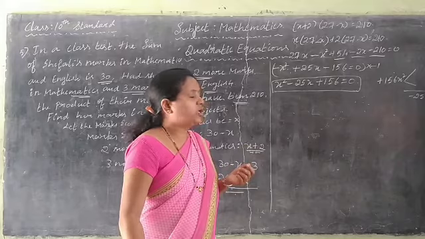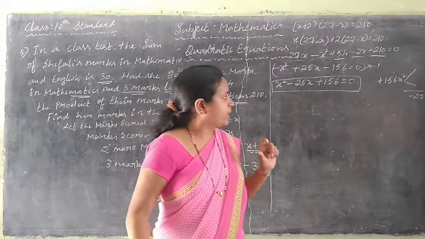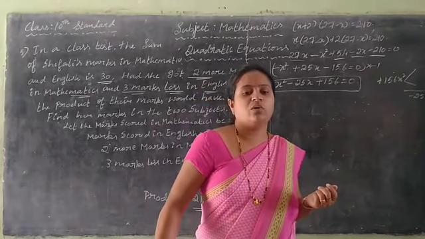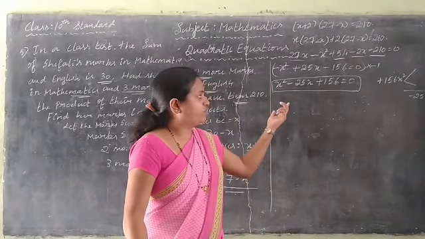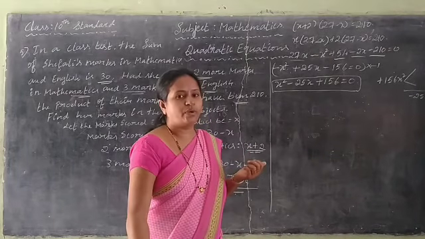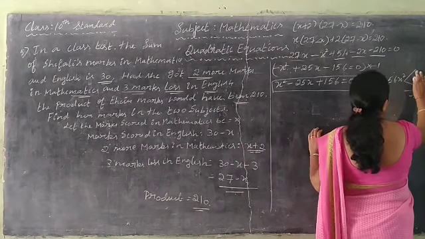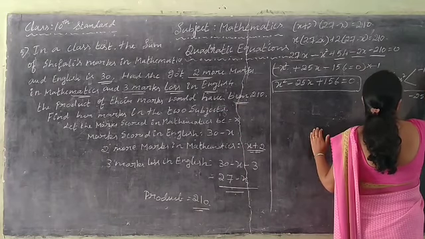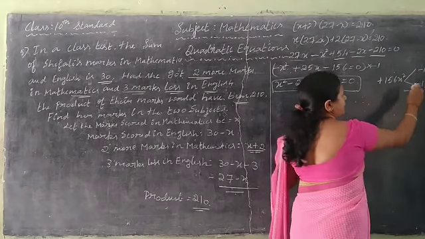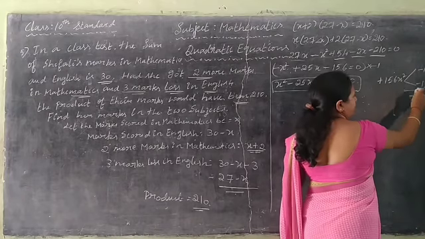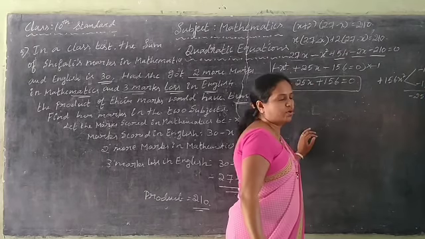Right. Now we have to take the two factors, children. What will we take? When we add, we should get minus 25x, and when we multiply, we should get 156. Subtract or add, we should get minus 25x. Right. So see here, we take it as minus 12x and minus 13x, children. Because minus into minus is plus. Both the numbers have a minus sign, so we are going to write minus, but we are going to add.